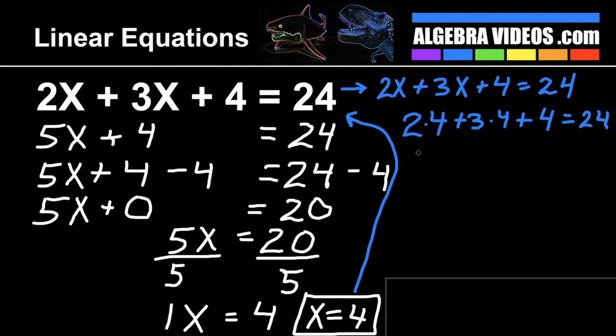On the left side, 2 times 4 is 8 plus 3 times 4 is 12, plus 4 equals 24.